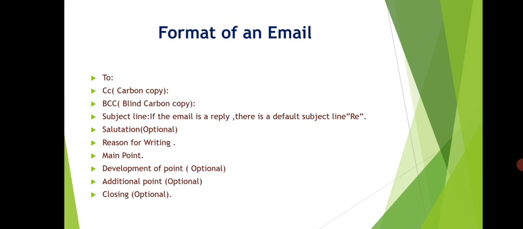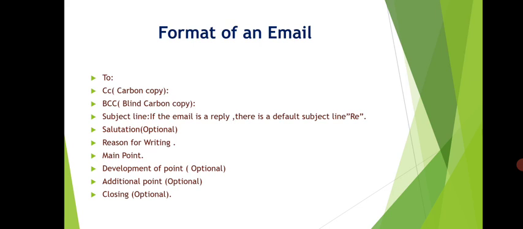So in the CC field in an email, you have to provide the email address of a person to whom you are sending the carbon copy of this email.